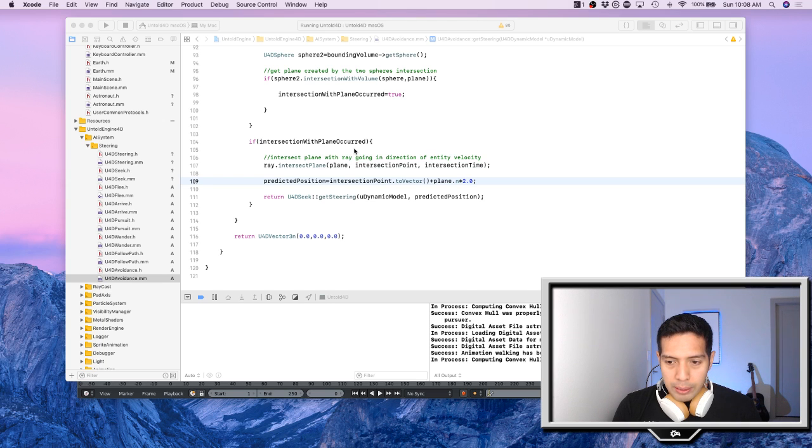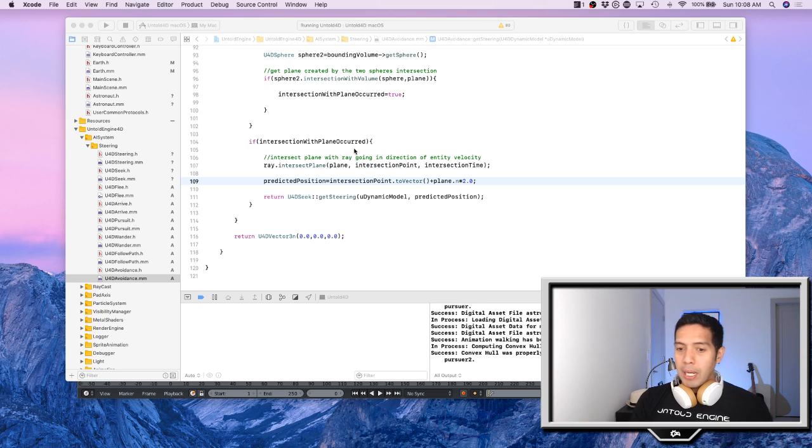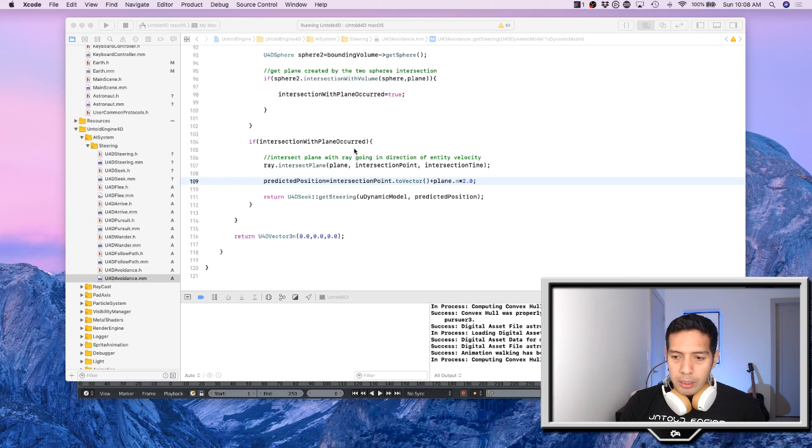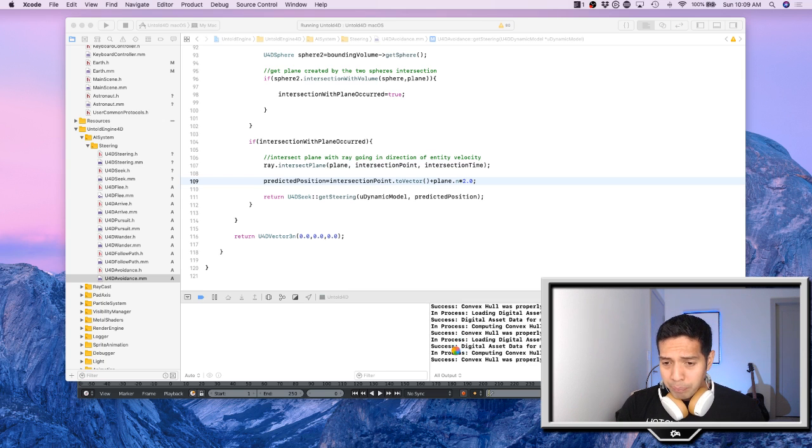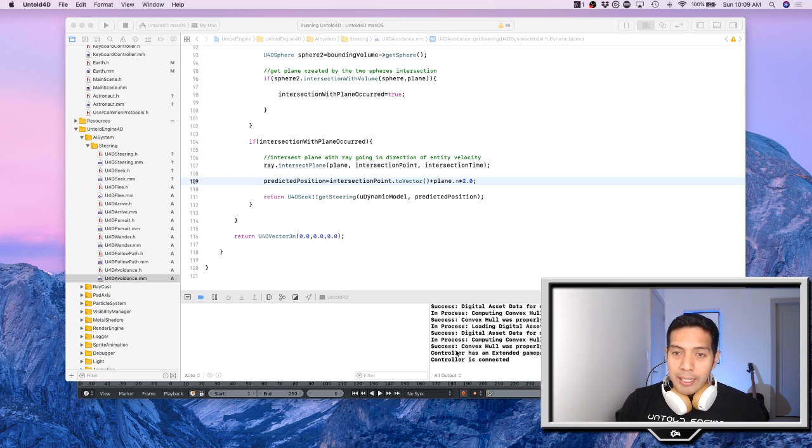And once that is ready, I'm going to start the behavior. Right now the engine is showing the whole loading process and the retrieving of data and stuff like that.